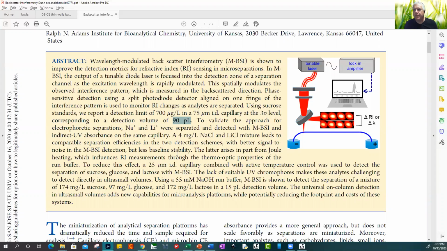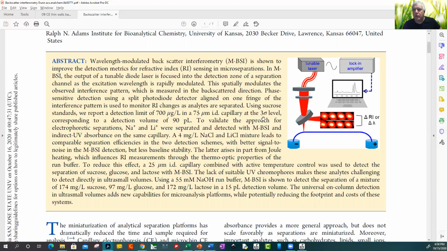Because the interferometer changes with the optical thickness, which is refractive index times distance. So this backscatter type detector is pretty cool, pretty sensitive.